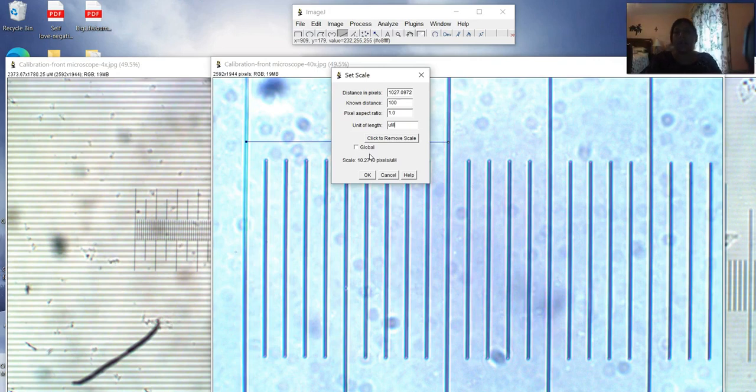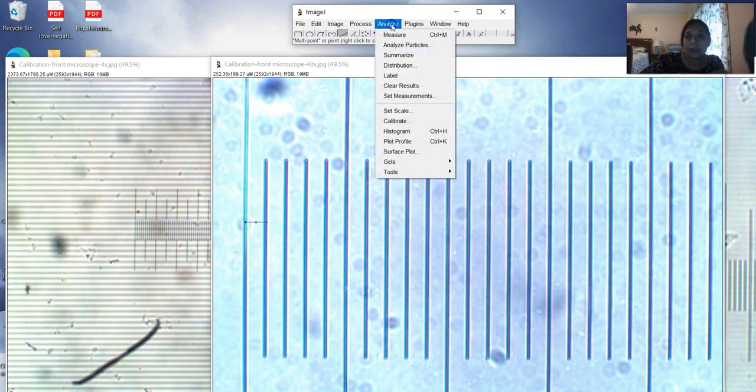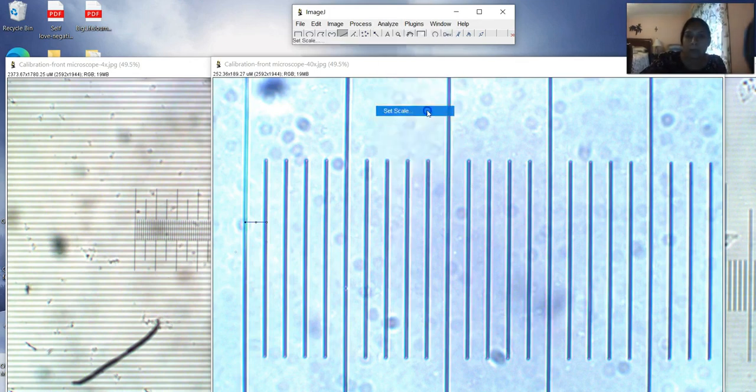Okay, great. Now let's double check that and see if we would have gotten the same number if I had just done a single unit, which is what I have shown to you before. So you get the middle of the first, go to the middle of the second. So this is a single stage unit now, which means since the entire length of my stage micrometer was 1,000 micrometers, each individual stage unit, because there are 100 stage units, would be 10 micrometers.